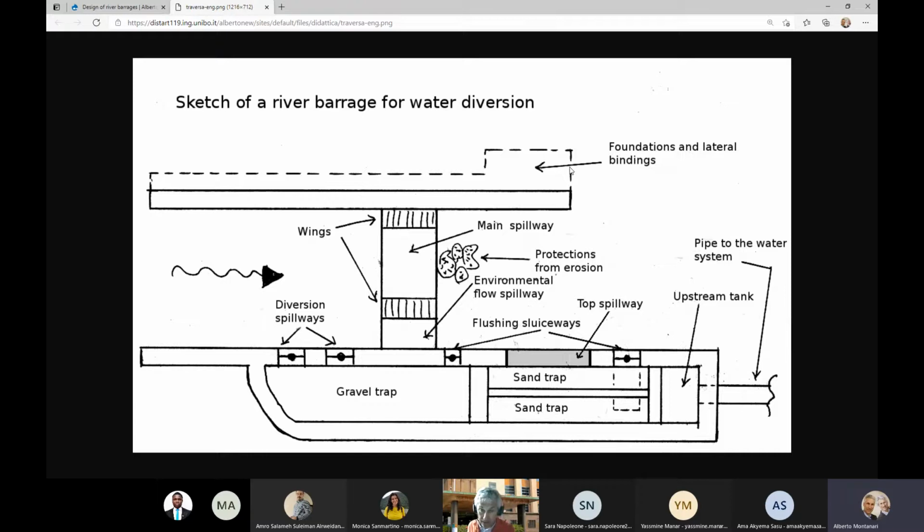Remember, a natural river is by itself under control because it's in equilibrium. It's under the equilibrium of nature. Nature seeks an equilibrium for the very simple reason that nature wouldn't exist if there was not a natural equilibrium. So if a river exists, it's because the river is an equilibrium configuration.